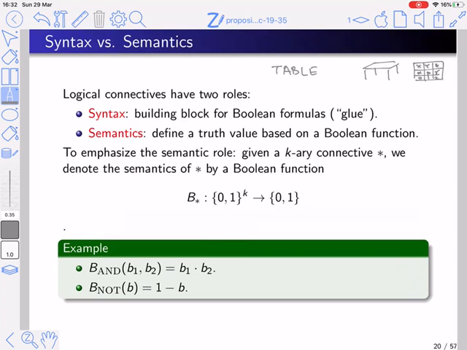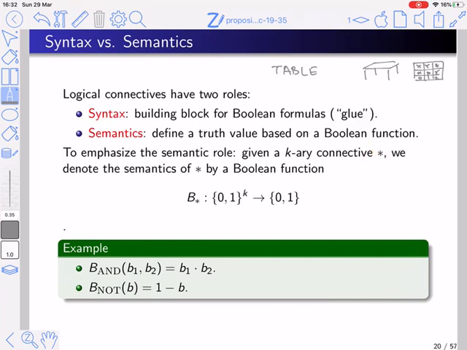Now, to emphasize the fact that we have a logical connective and we have a function which is attached to this logical connective, we can use a different notation for both. So suppose I have a logical connective here denoted by star, and suppose that this logical connective is a k-ary connective, namely it's either, in our case, unary or binary. Now, we want to denote the semantics of this logical connective.